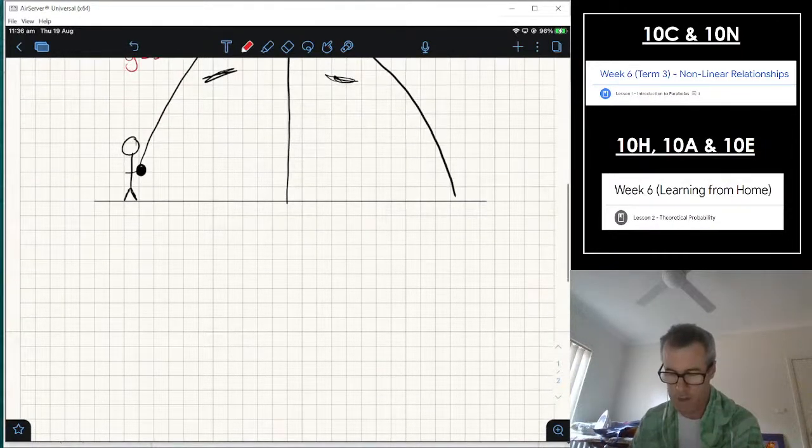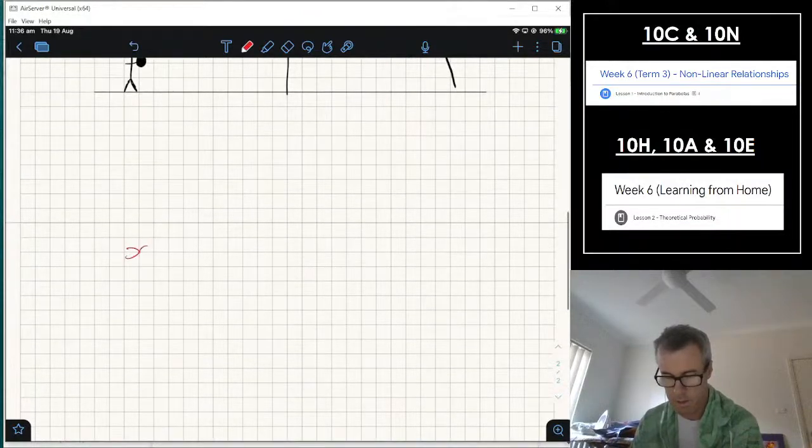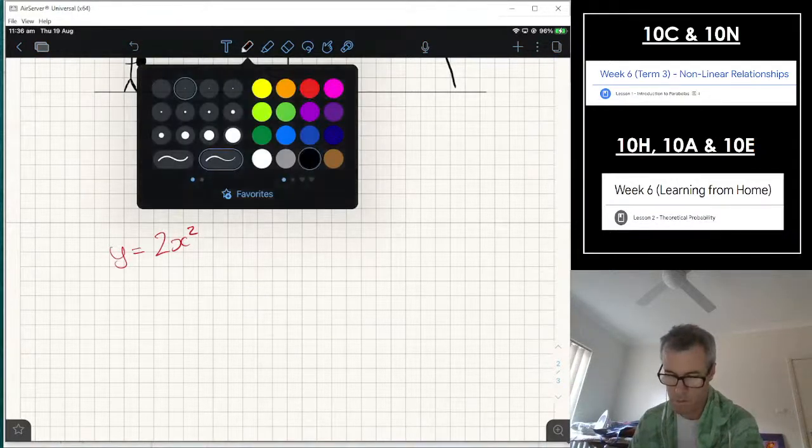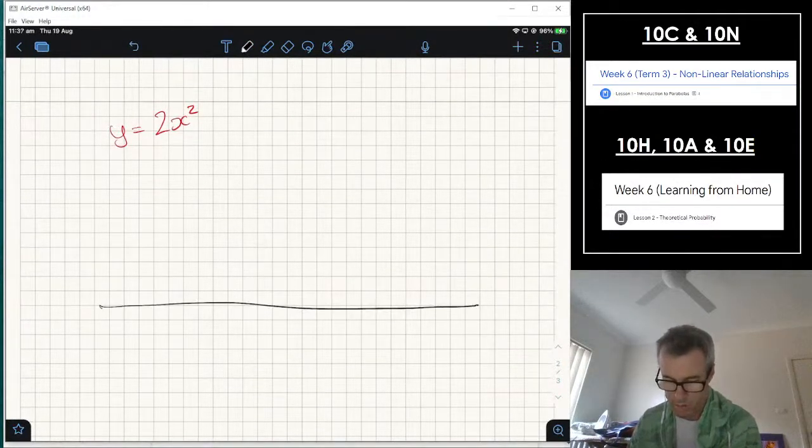Let's say I have another throw, y is equal to 2x squared. My throw, as an image, would look something like this. Not too dissimilar, but slightly narrower, like that.